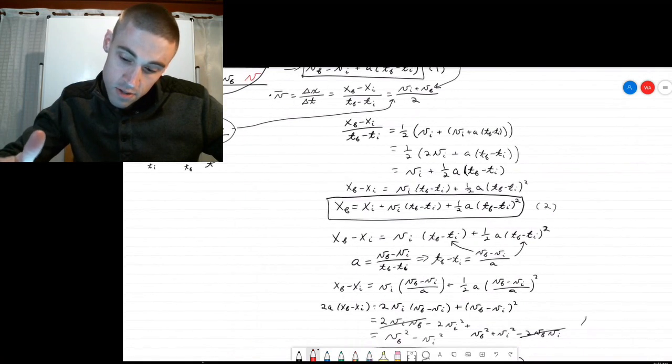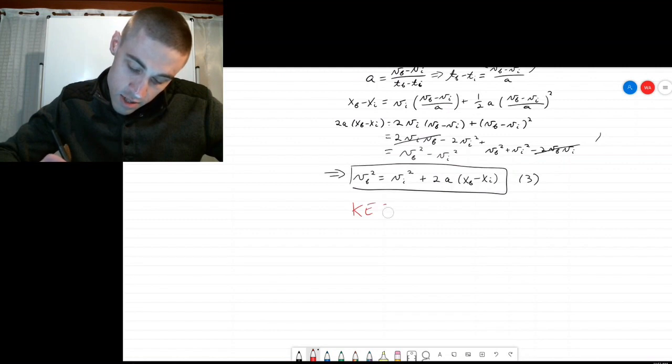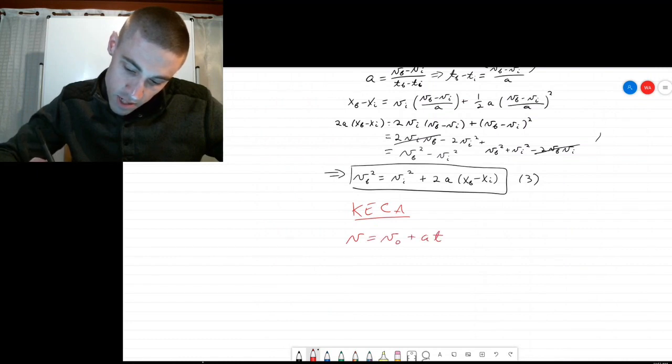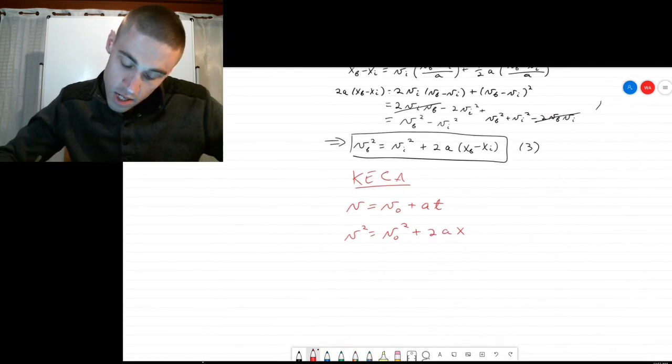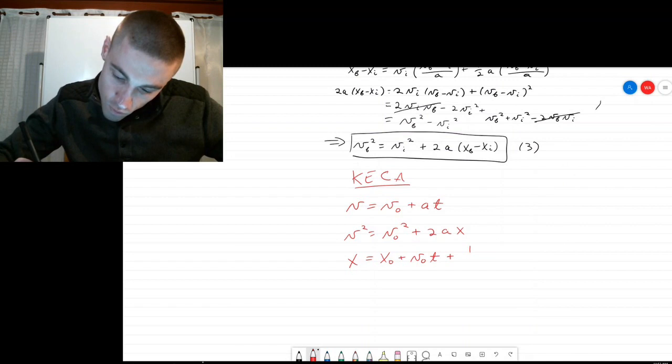So under this more shorthand notation, the 3 kinematic equations at constant acceleration are v equals v0 plus acceleration times time, v squared equals v0 squared plus 2ax, and the middle one that we had was x equals x0 plus v0t plus 1/2 a t squared.